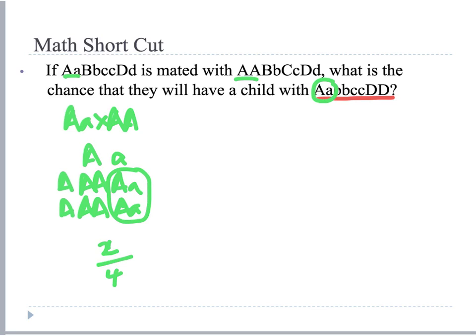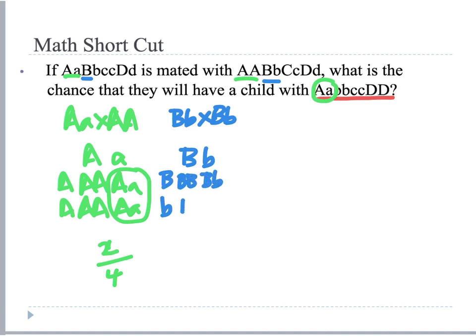Now I'm going to do the same thing with the B's. In the case of the B, it is big B, little b, times big B, little b, right? This parent and this parent. So that is going to be a square that looks like this. And what am I looking for? I am looking for a little b, little b. I only have 1/4 of that, so I'm going to put that guy down.